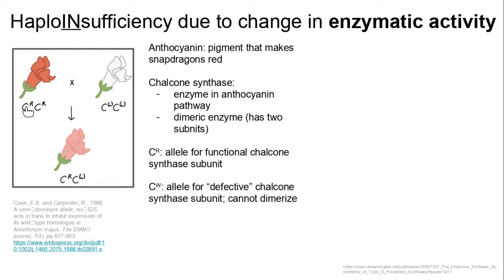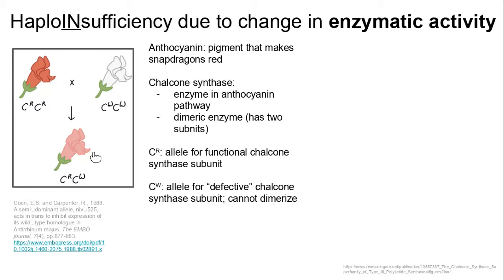So here both enzymes work, you make something red. Here, both of the enzymes don't work, so you don't make anthocyanin, then it's white. And in here, one enzyme works and another doesn't, so you are halfway. So how does that work?